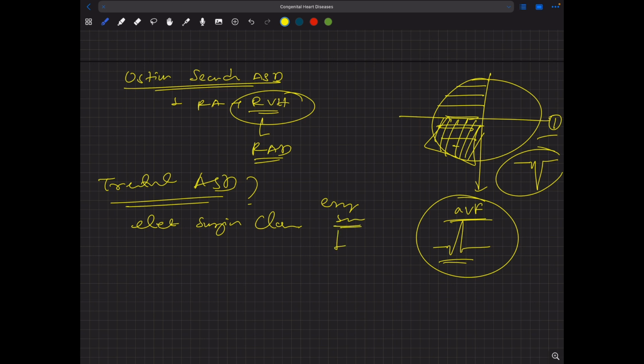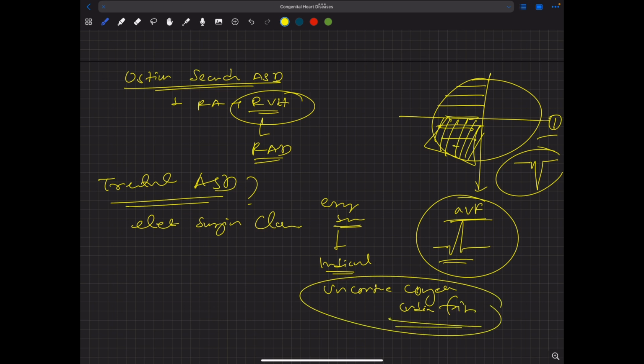The indication for early surgical closure is uncontrolled congestive cardiac failure. So uncontrolled congestive cardiac failure is an indication for early surgical closure of atrial septal defect.